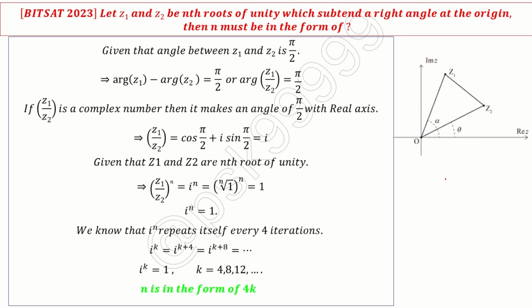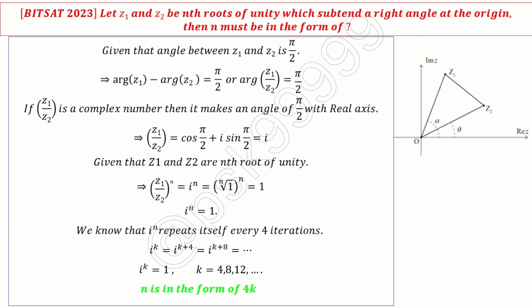Given that the angle between Z1 and Z2 is pi by 2, arg of Z1 minus arg of Z2 equal to pi by 2. Okay, arg is nothing but the angle it makes with the x-axis, that is the real axis. In this case, arg of Z1 is alpha, arg of Z2 equal to theta. So alpha minus theta equal to pi by 2, which is given. Arg of Z1 minus arg of Z2 equals arg of Z1 by Z2, which is equal to pi by 2.